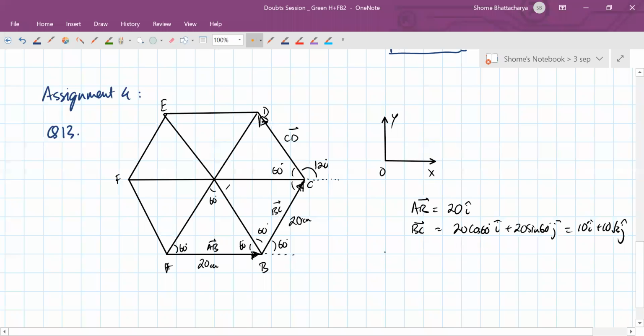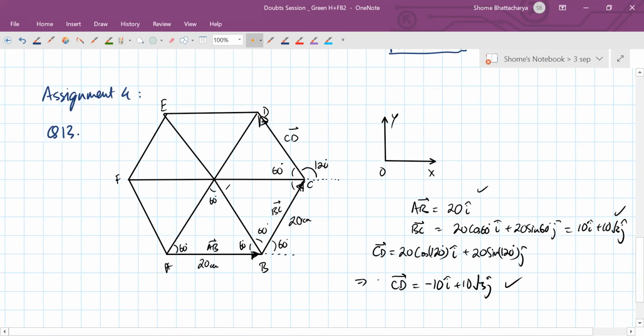So the vector CD similarly will become 20 cos 120 degrees, and the y component will become 20 sin 120 degrees. So the vector CD will be written as minus 10 I cap plus 10 root 3 j cap.